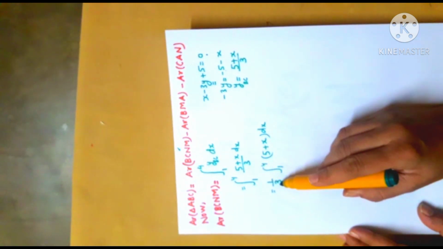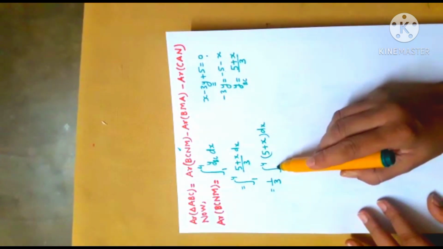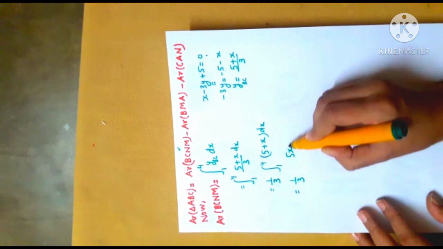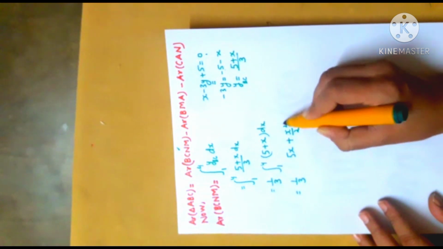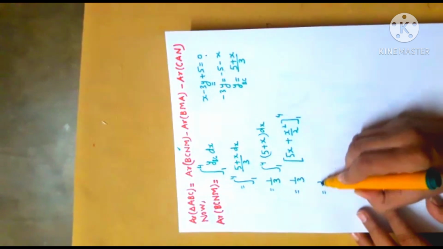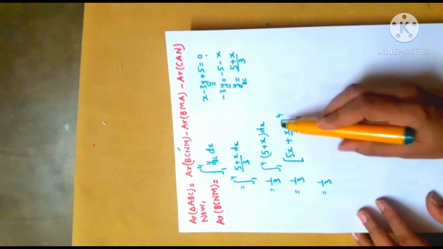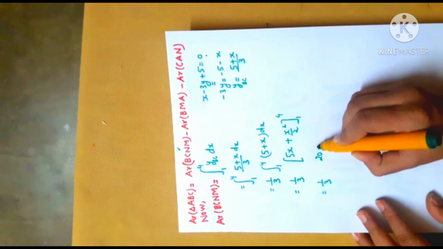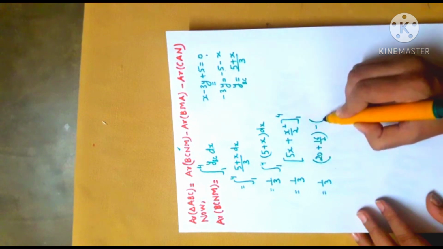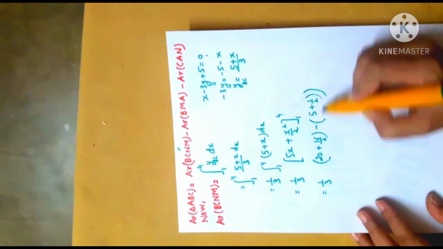So I'll get the integral of (5 plus x) over 3 dx from 1 to 4. I'll take 1 by 3 outside the integral, it is a constant. So the integration of (5 plus x) dx from 1 to 4. This integration will be 5x plus x square by 2 from 1 to 4, times 1 by 3. I'll find the value at the upper limit, so replace x with 4. Here I'll get 20 plus 16 by 2. Value at the upper limit minus value at the lower limit, 5 plus 1 by 2.